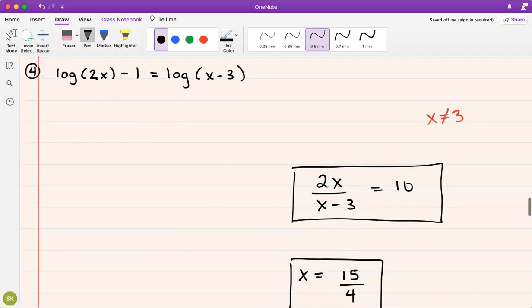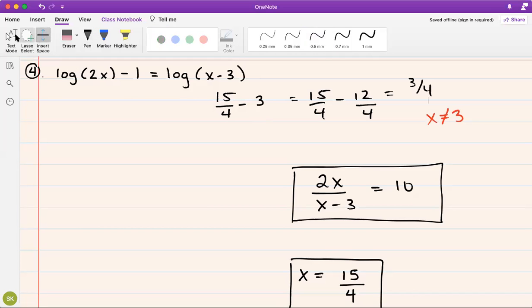If I multiply it by 2, I'll get 15 over 2, which is positive, so that log is fine. Now how about this one? 15 over 4 minus 3. Well, 3 is the same thing as 12 over 4. So I would be left with 3 over 4, and that's a positive number if I subtracted these, so that's fine.